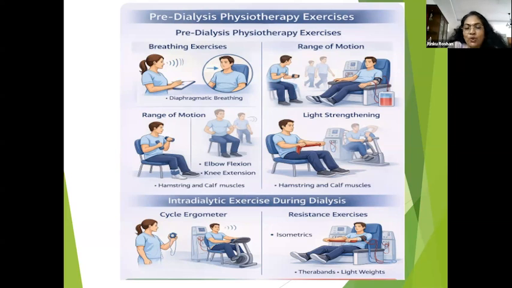That way we will be able to prevent muscle wasting. Otherwise, as the sir mentioned in the beginning, going to the washroom, normal grooming, the quality of life, all these things will reduce.